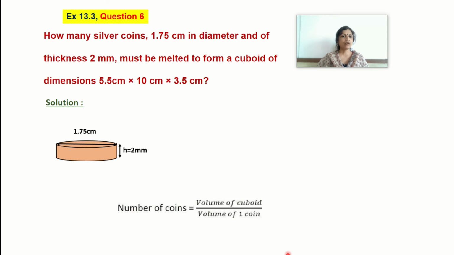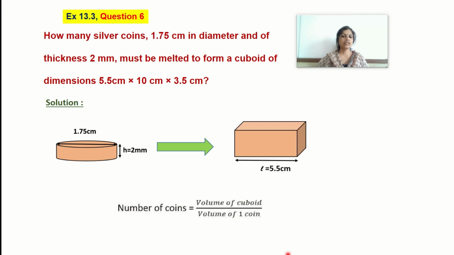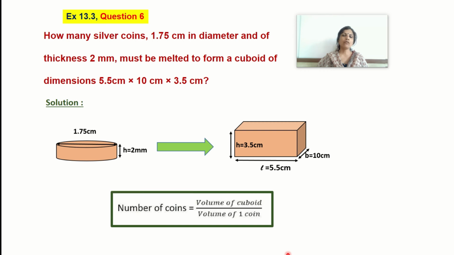Now how many such coins will melt so that we get a cuboid like this with length 5.5, breadth 10 centimeter and height 3.5 centimeter. Now to find the number of coins, we'll make use of the formula volume of cuboid upon volume of one coin. This formula will give us the number of coins which should be melted.